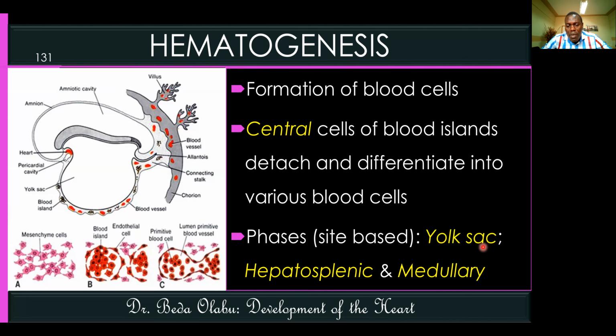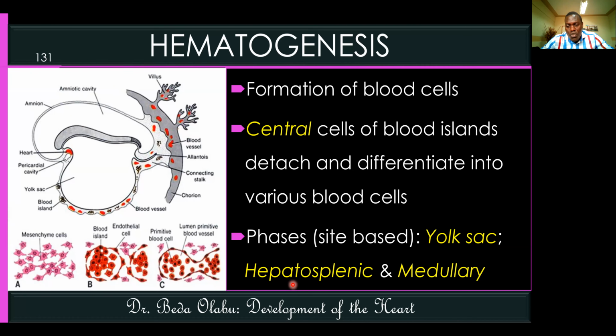We also have the hepatosplenic phase of hematogenesis. The hepatosplenic phase of hematogenesis is when blood cells are forming within the liver, spleen, and lymph nodes. Those three sites constitute the hepatosplenic phase of hematogenesis.